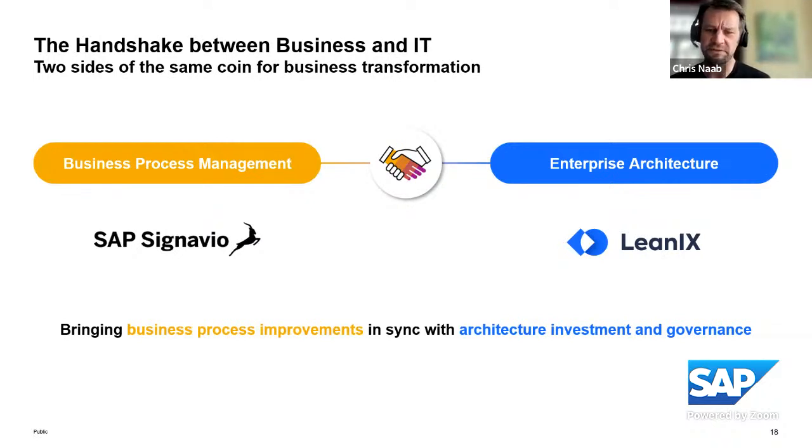That's what enterprise architecture does. Now, we've asked ourselves the question: what if BPM and enterprise architecture were not disconnected? What would happen if we connected those disciplines and enabled transformation at both ends in an orchestrated way? What impact could that make if we put those disciplines together and ensured a handshake between business and IT?